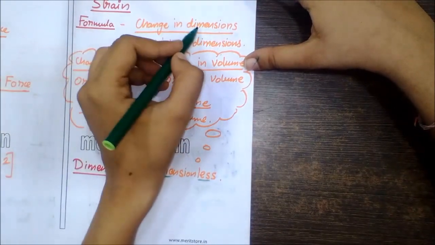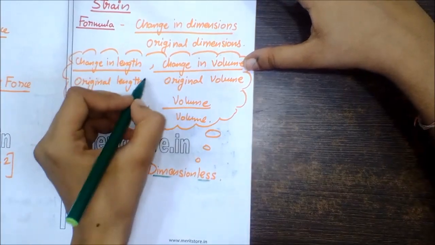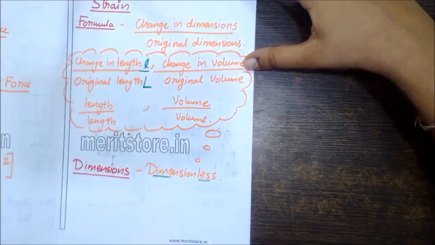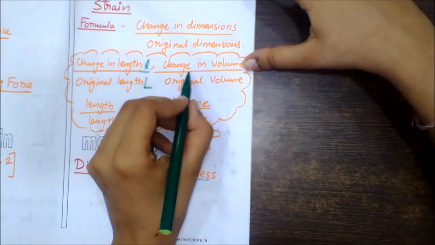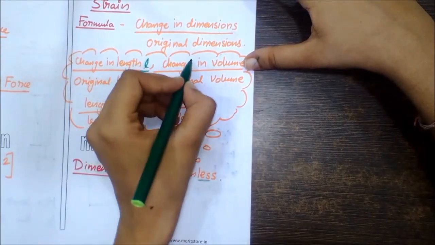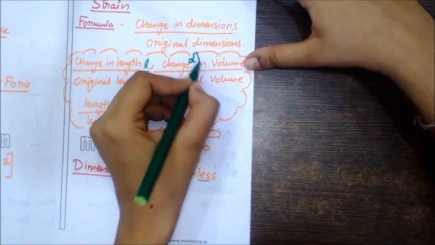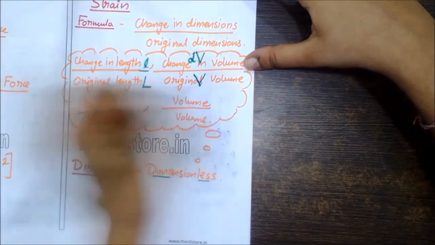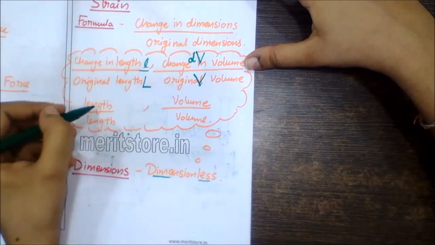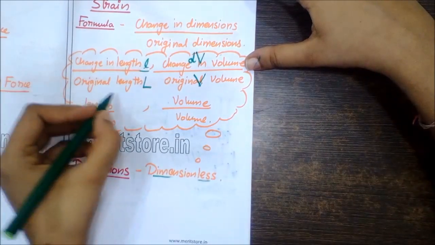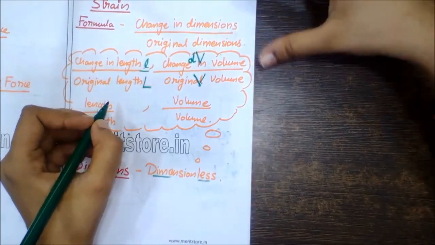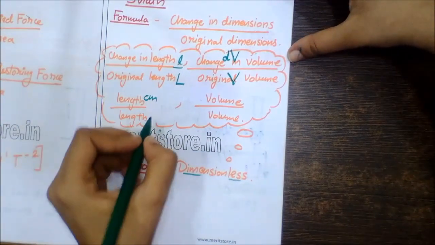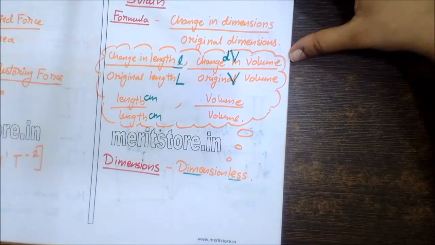Because if my original dimension was length, that is capital L, and my change in dimension is small l. Okay, now let's take this example of volume. So this will be change in volume, let's think that it is dV upon the original volume, that is capital V. So this will be length upon length. Let's assume that the length is in centimeter. Then even over here the length will be in centimeter.